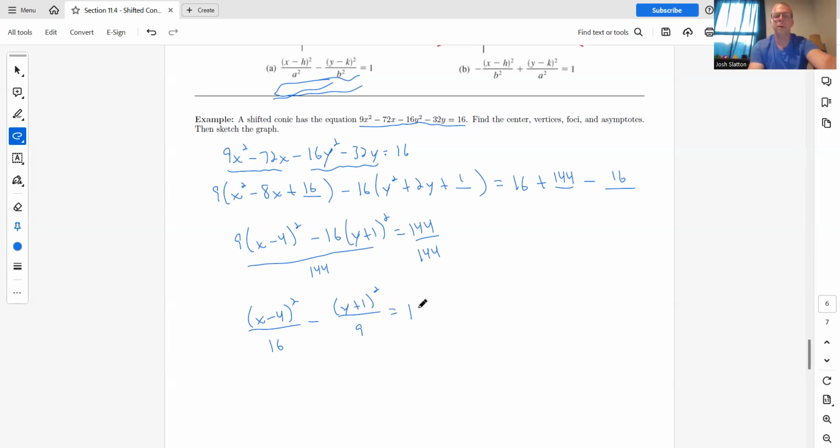Now with hyperbolas, the one with the x squared as the positive term will open horizontally. And so the center will be at 4, negative 1.